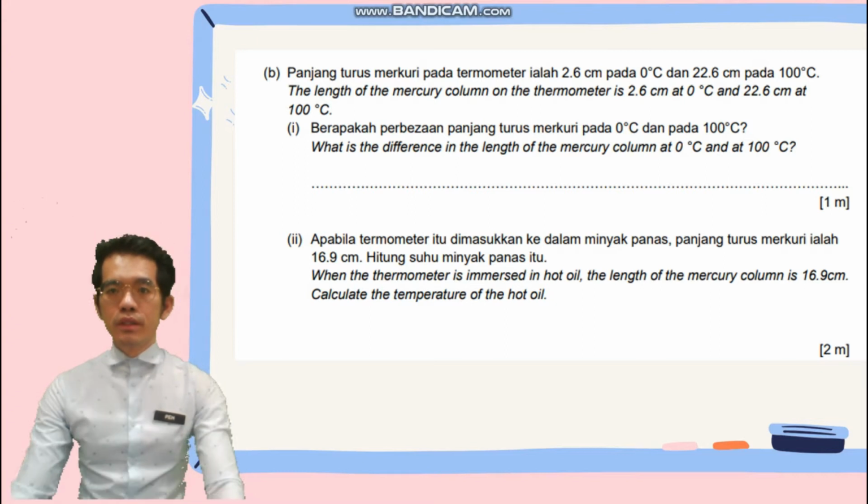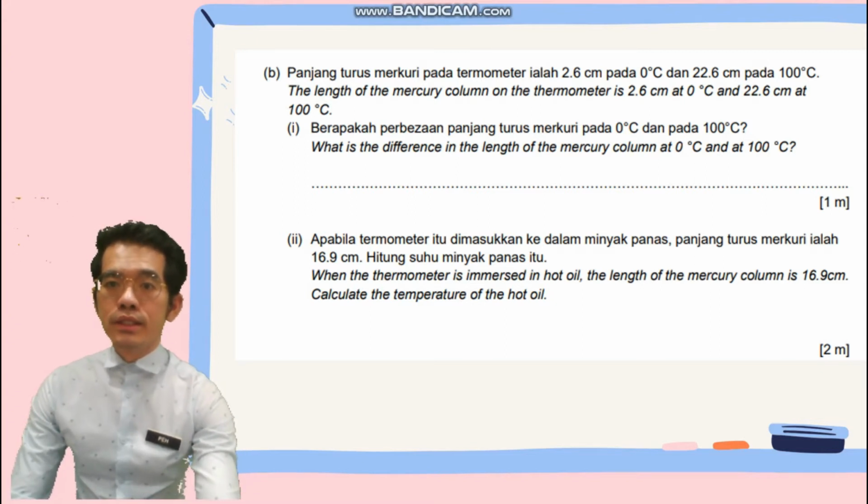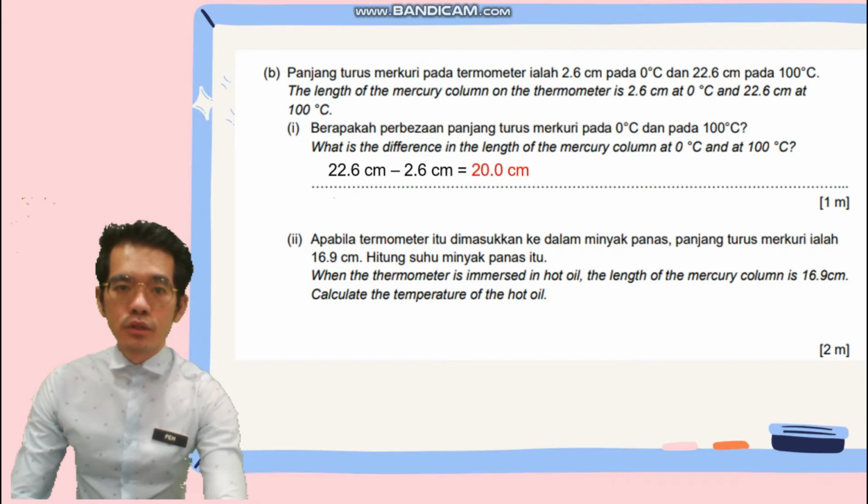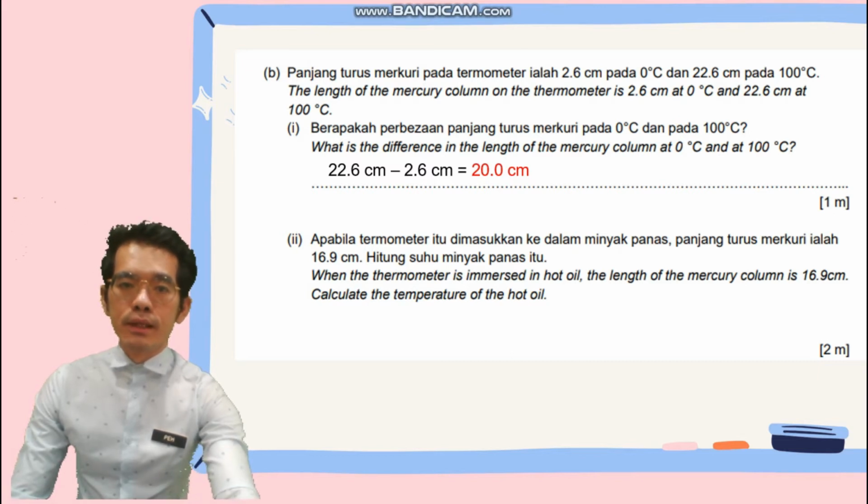This question is quite easy. We just need to use the highest number, which is the length at steam point, minus the length of column at ice point, which is 2.6. So the answer is 22.6 minus 2.6 cm, and you get 20 cm.